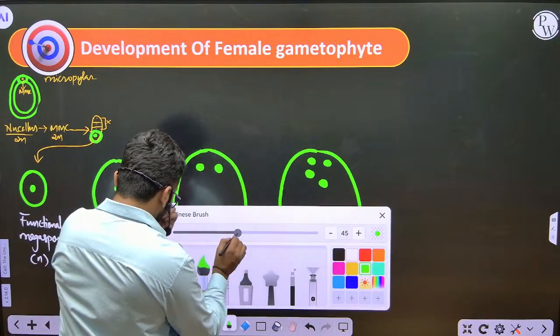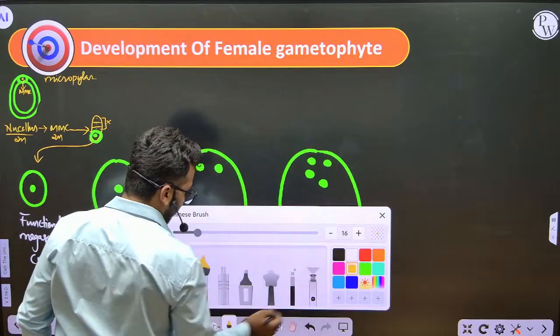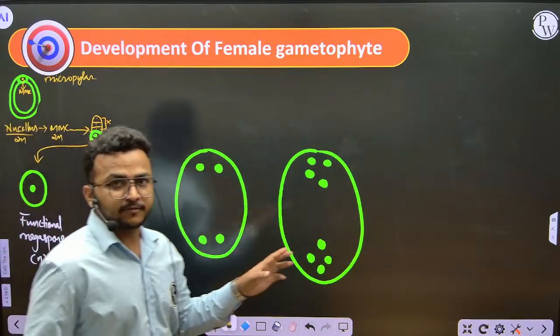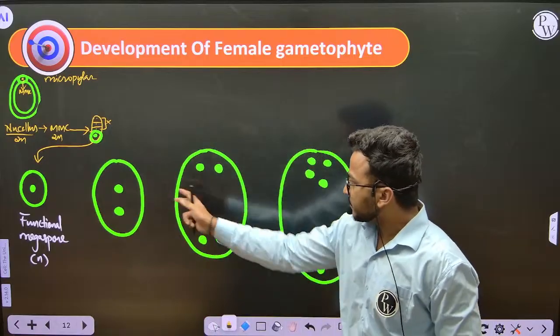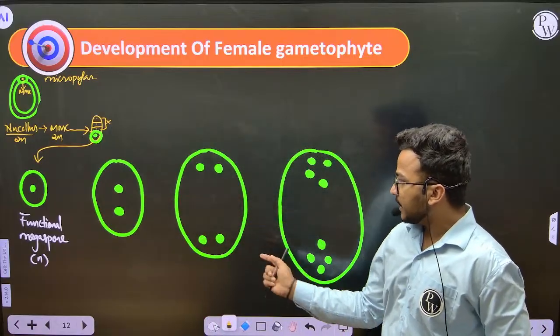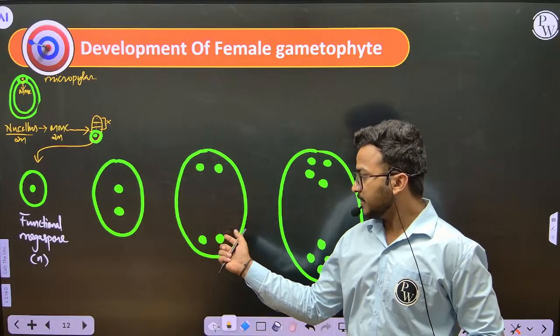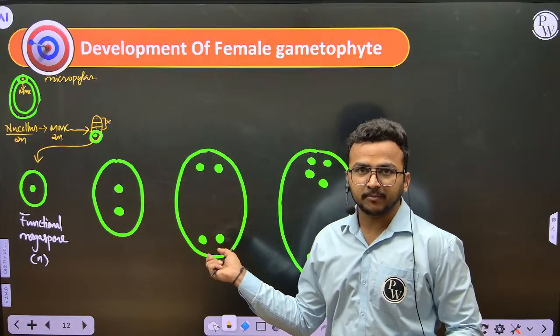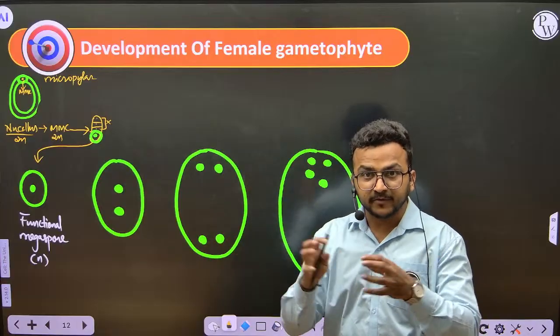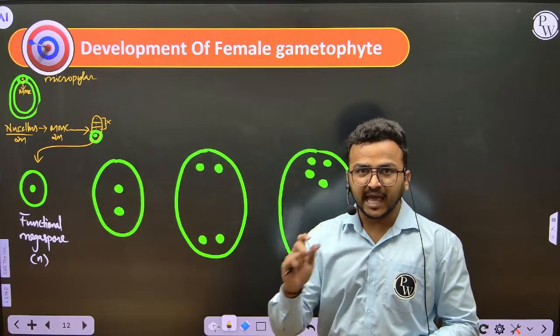So this division is free nuclear division. When the nuclei are undergoing division, I am not making any walls. So wall formation is not taking place, only nuclear division, free nuclear division, only karyokinesis.